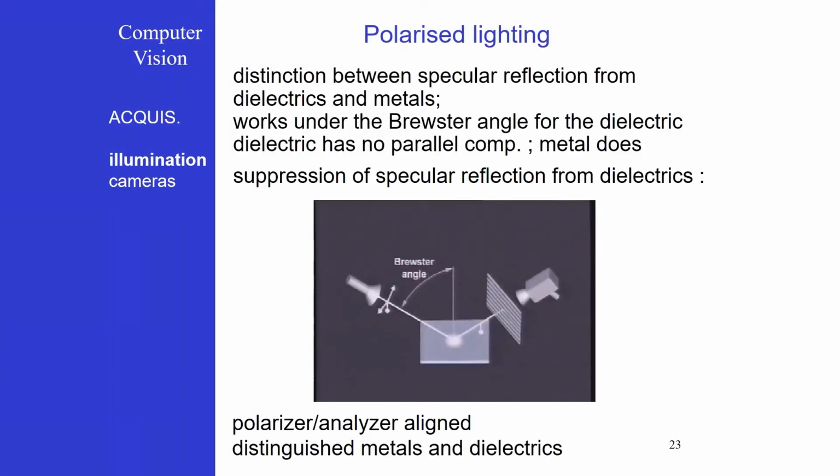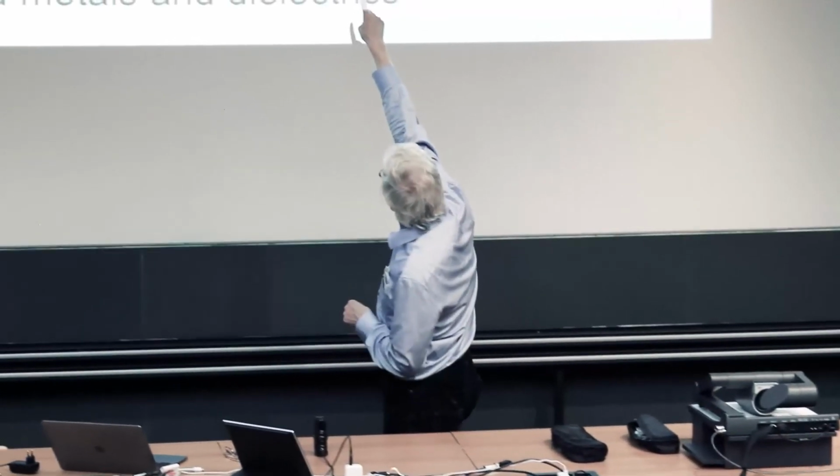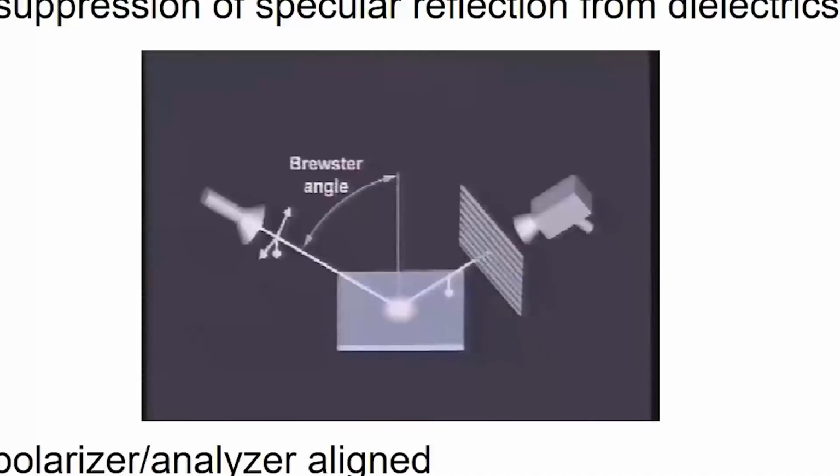So here's the setup. So you shine light onto that surface, more or less under the Brewster angle, as said, about 60 degrees. Of the reflected light, the parallel component will have been suppressed already. So now there is only the perpendicular component. Only that light survives. But it's blocked by a polarization filter that does not let through the perpendicular component, but only the parallel one.